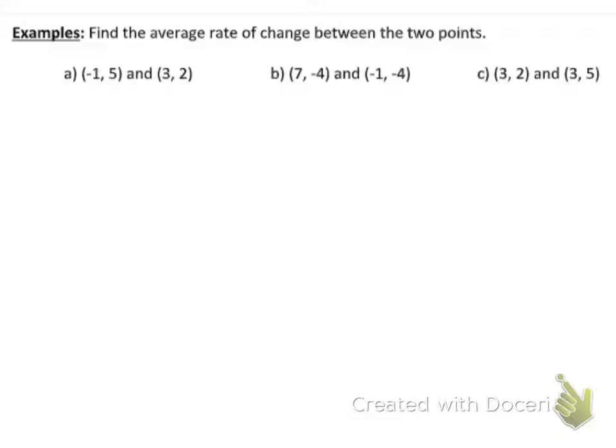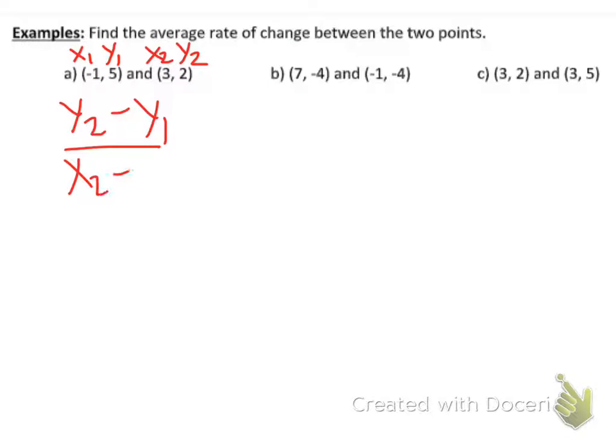So now we're going to talk about finding this algebraically. I'm going to show you two different ways. So I'll do A differently than I do B, and then C, I'll just discuss real quick. I'm never going to force you to do one way or the other, you pick. So the more traditional way that you are taught is you label x1, y1, x2, y2, and you use the formula of y2 minus y1 over x2 minus x1.